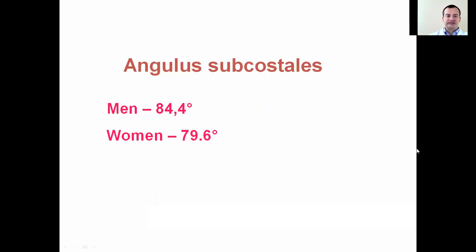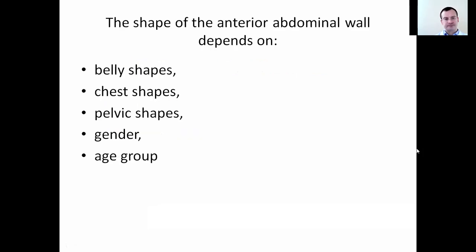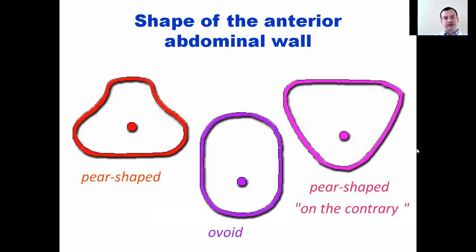Angulus subcostalis: for men it is 84 degrees, for women 79. The shape of the anterior abdominal wall depends on belly shape, chest shape, pelvic shape, gender, and age group. So these are examples of the shapes of the abdominal wall.